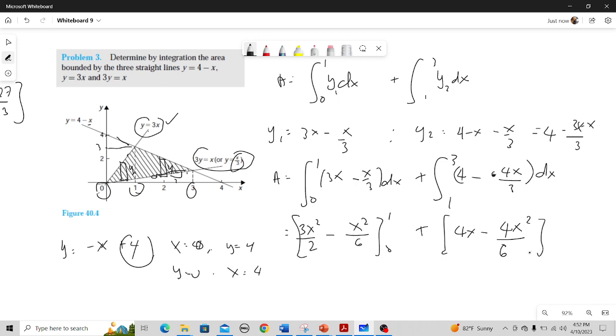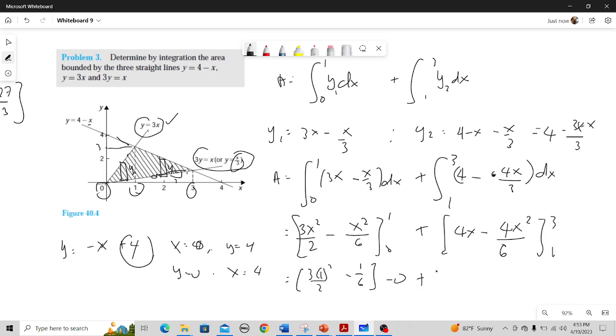Okay, this is from 1 to 3. So we can simplify. The value of x is already 1, so 1 squared over 2 minus 1 squared over 6, and then minus 0, everything is 0.